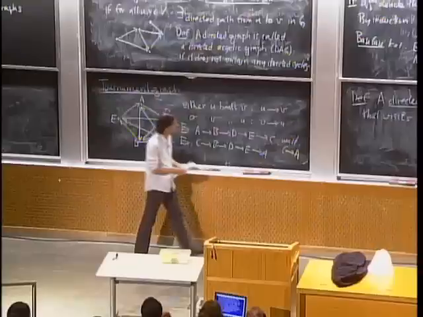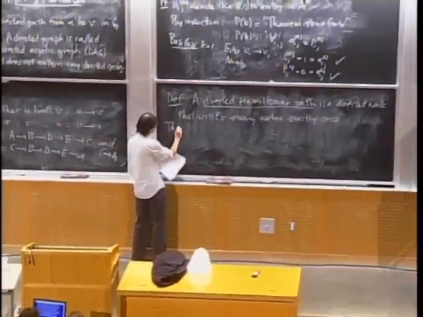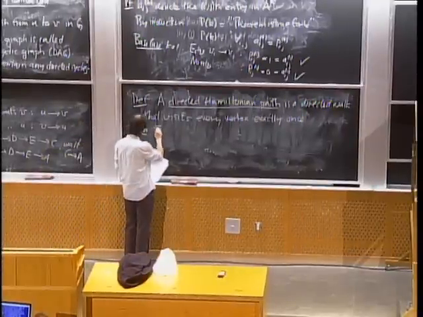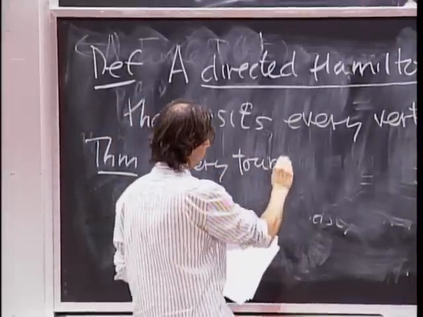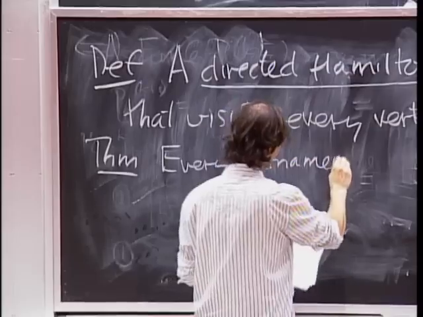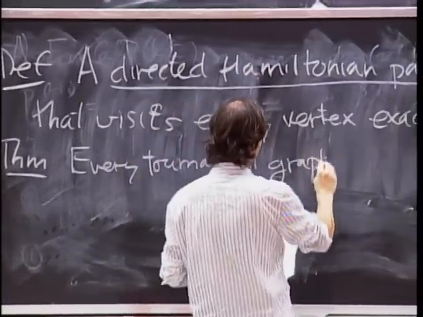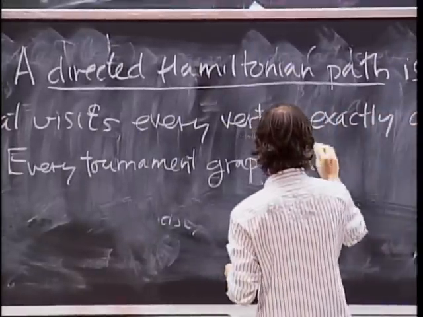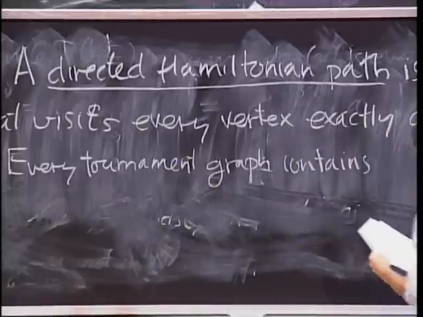And so forth. Okay. So what's the theorem that we want to prove? The theorem is that we want to show that every tournament graph actually contains such a directed Hamiltonian path.